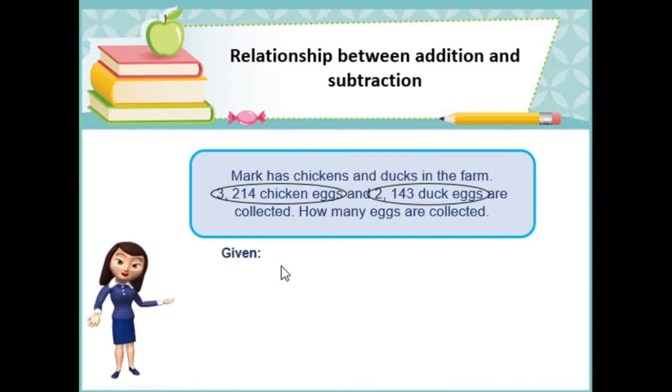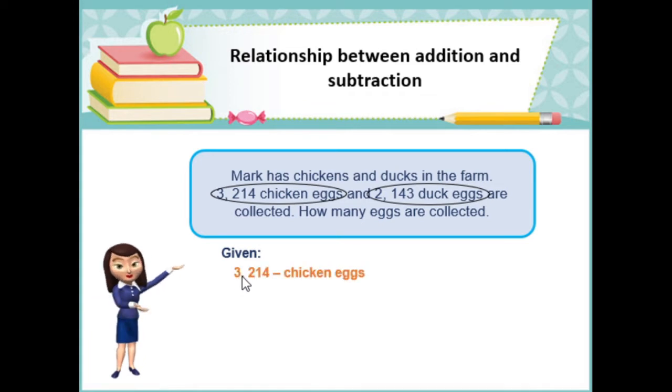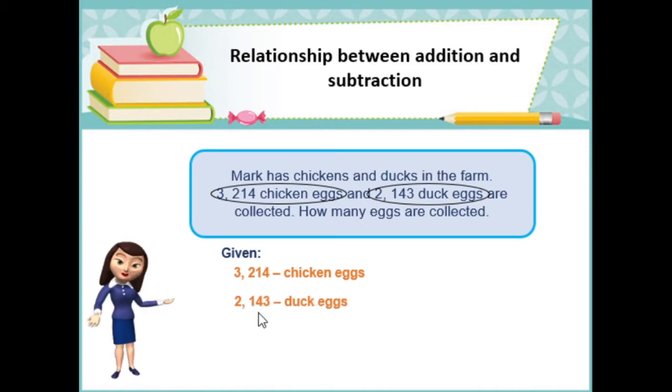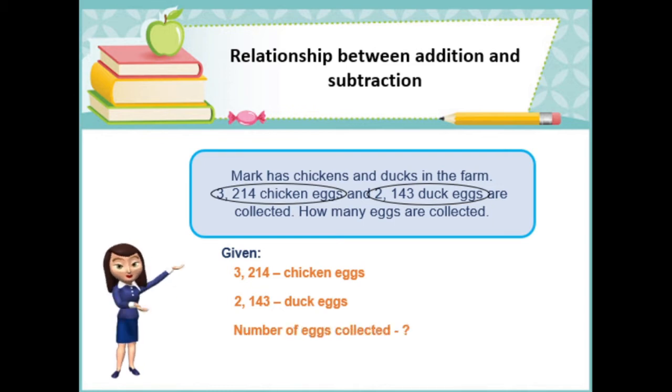So just to be guided, you can write the given, or what data you can see in the problem. First, 3,214, the number of chicken eggs. Another one is 2,143, the duck eggs. And we are asked how many eggs all in all are collected, but for now, we don't know yet.